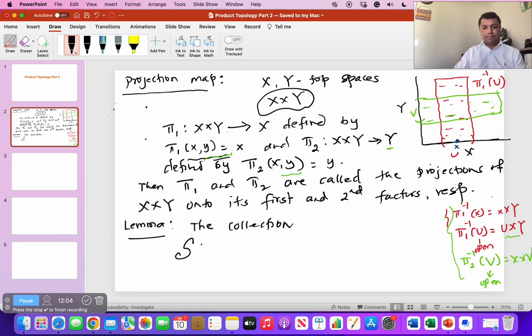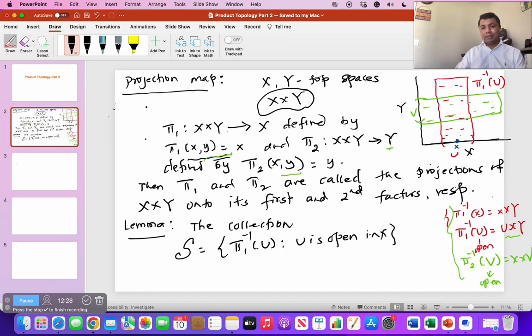script S, the collection of the inverse images pi 1 inverse of U such that U is open in x. Those are the rectangles which I have highlighted in red.